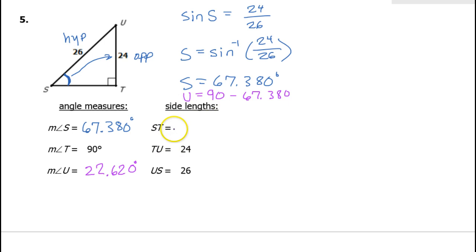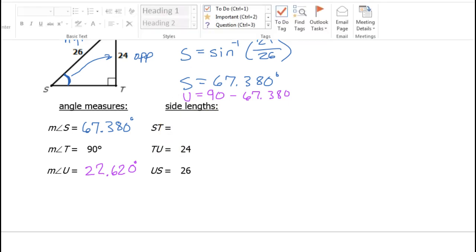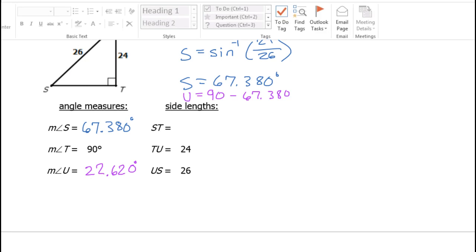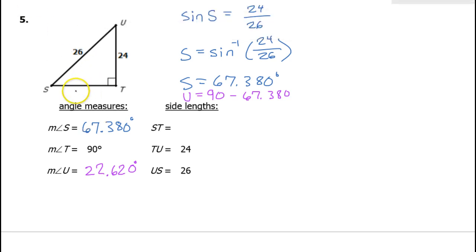Okay, that just leaves side ST. Let's call this X. We have two sides of the right triangle given. To find the third side, we can do the Pythagorean theorem, which says that if you have a right triangle, leg squared plus leg squared is equal to the hypotenuse squared.